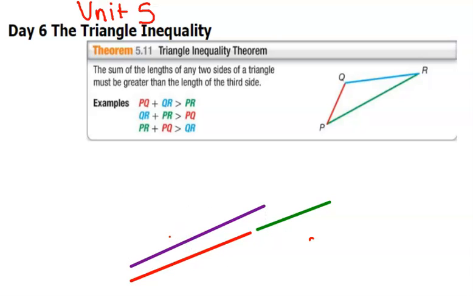So again, two segments of a triangle have to be longer than the other side. That's what the triangle inequality theorem is. We have this red side and this blue side, and those two have to add up greater than this side in order to make a triangle.